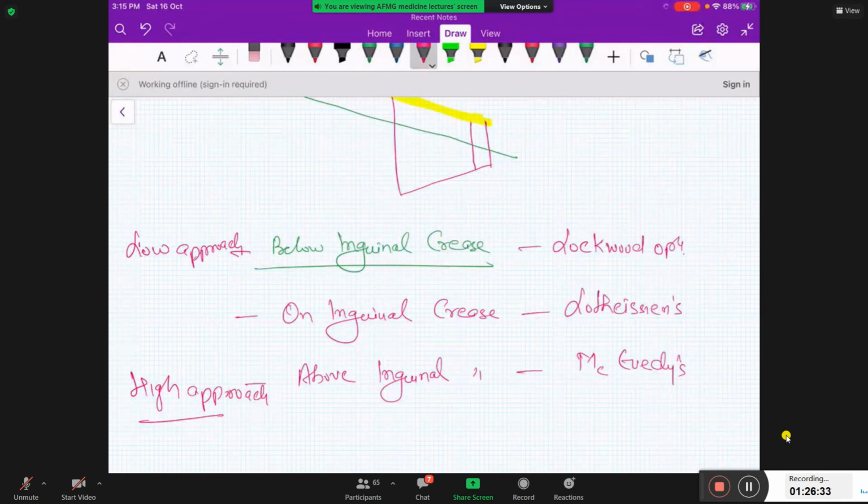And out of these various approaches, the preferred approach is McEvedy's approach.